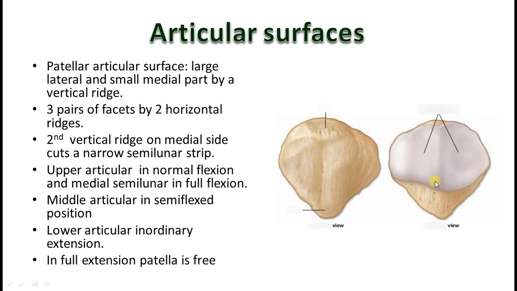So basically in full extension especially, it increases the power of the quadriceps tendon. That is the main function of the patella. So far we have discussed the articulating surfaces of the knee joint. By now you should have a very fair idea about the nature of the articulating surfaces.